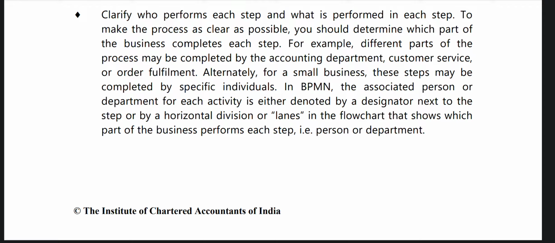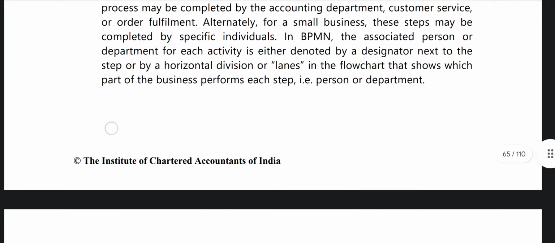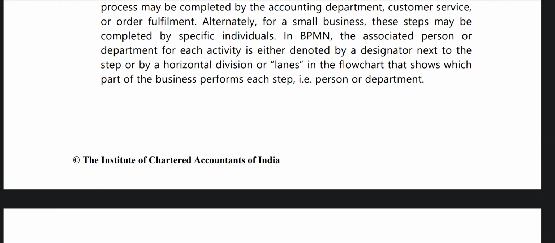And you should determine which part of the business completes each step. For example, different parts of the process may be completed by the accounting department, customer service, or order fulfillment. Alternatively, for a small business, these steps may be completed by a specific individual, one person itself. In those cases, that person is needed to explain the total process.